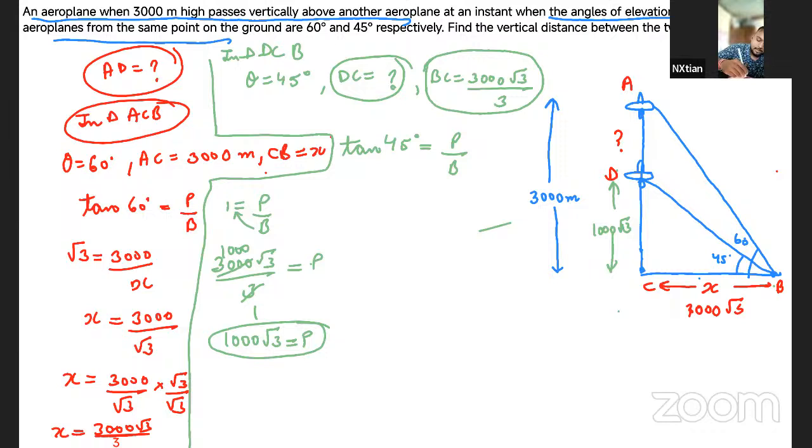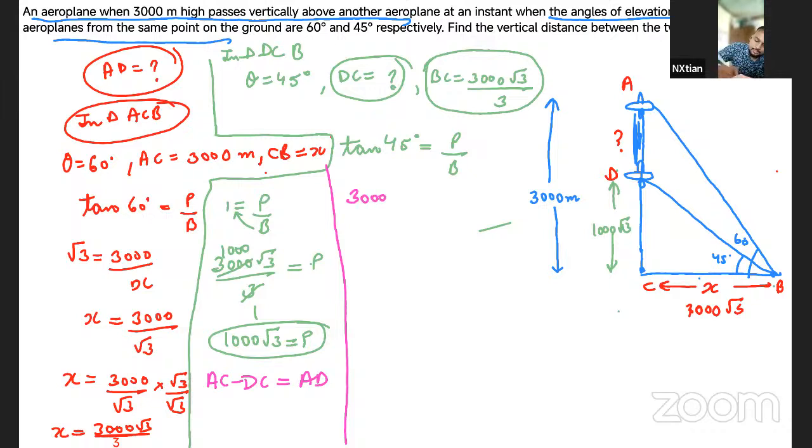Now I know that if I subtract this DC distance from AC, like this AC minus DC, then I will get AD, this part. So AC minus DC is equal to AD. What is AC?